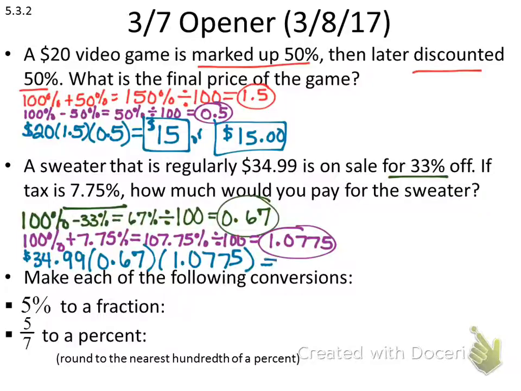Okay, in your calculator, I want to see everybody type this in: $34.99 times 67.67 times 1.0775. I need you to multiply these all out into your calculator.